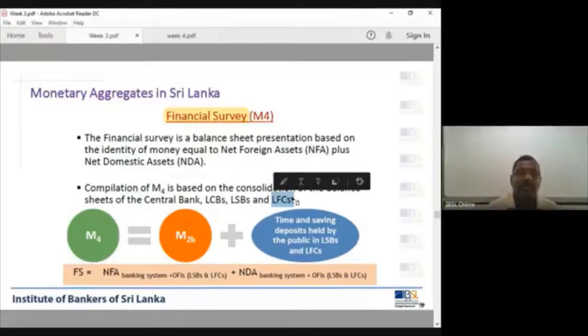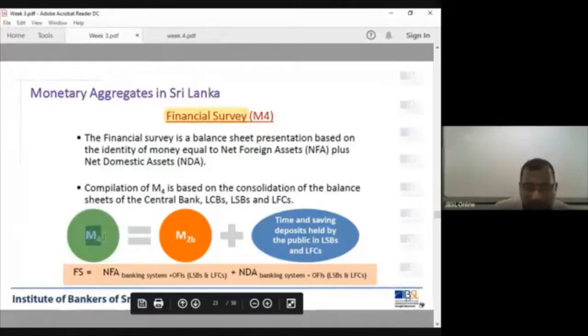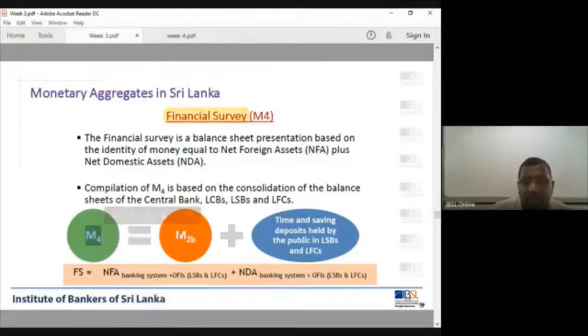So now we can define M4. M4 is the financial survey, which is a broad money variable, and it is calculated as the sum of broad money M2B plus time and savings deposits of LSBs, which means specialized banks, and LFCs, which means finance companies.